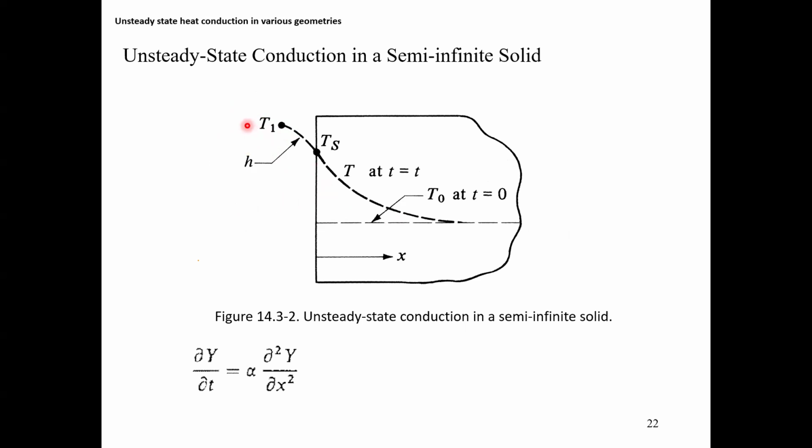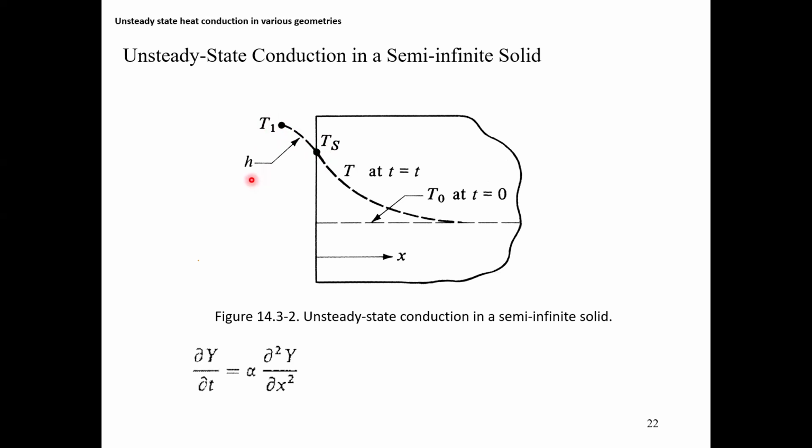In this case, unlike the previous case where we assumed negligible resistance due to convection, which can happen when h is very large, there is no convective resistance and the surface is at the same temperature as the atmosphere T1. Over here we are looking at a different case where h does exist.